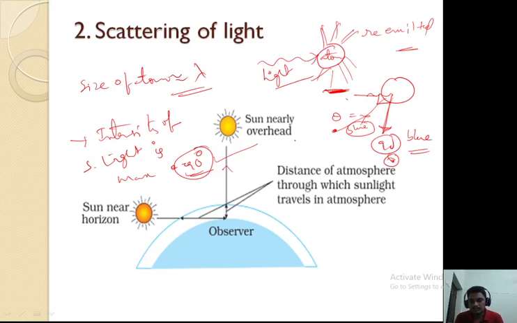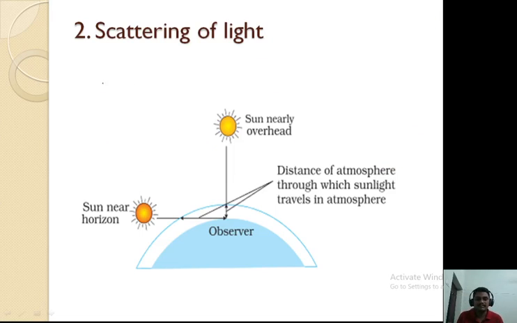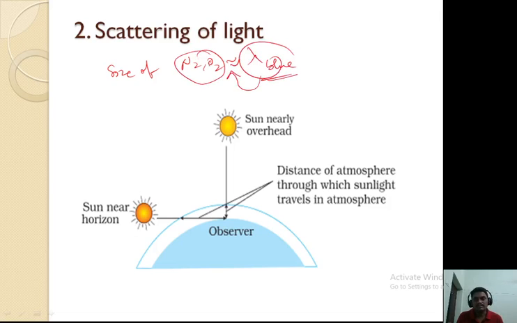But the question is, why is blue color scattered? Because the size of nitrogen and oxygen is comparable to the wavelength of blue light. The major gases are oxygen and nitrogen, and their size is nearly equal to the wavelength of blue light, so they absorb only blue light.